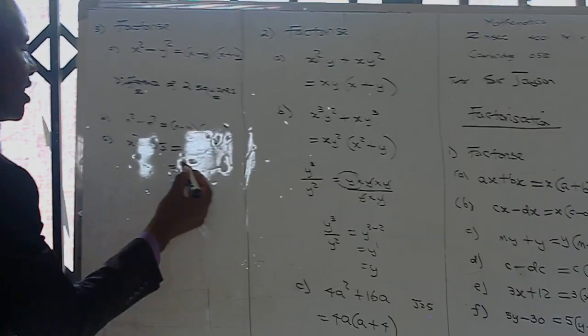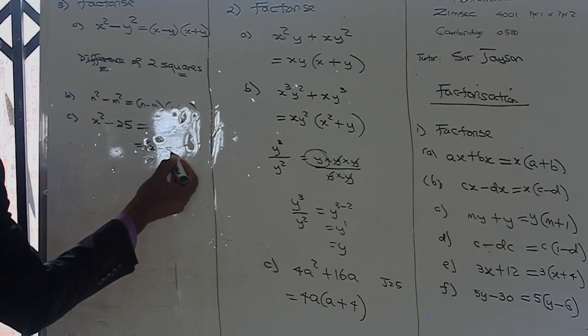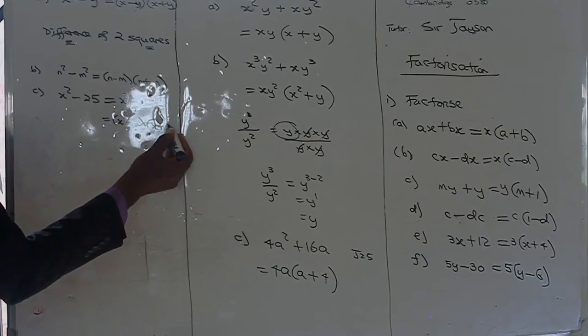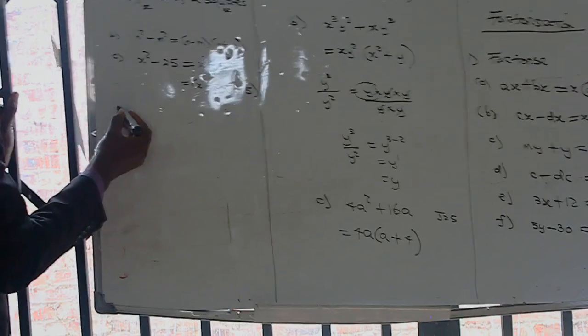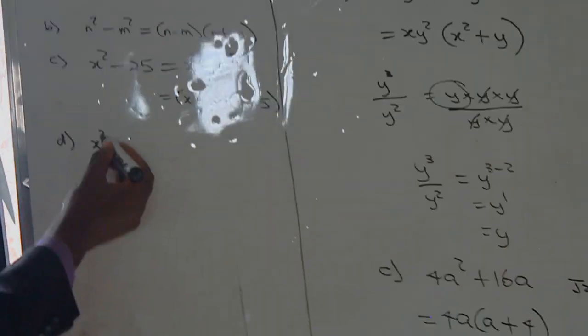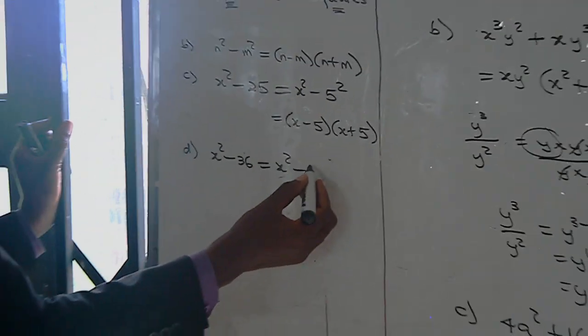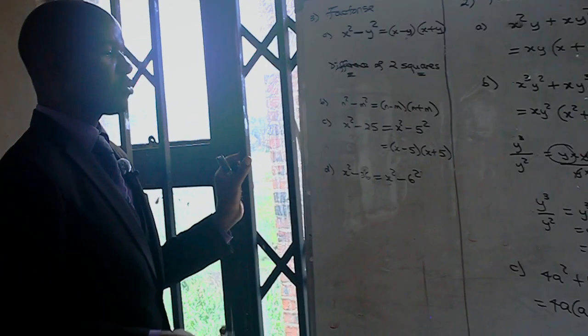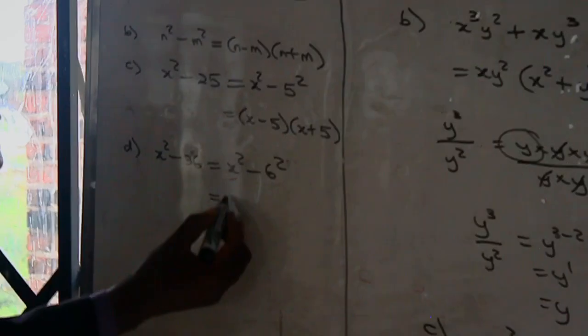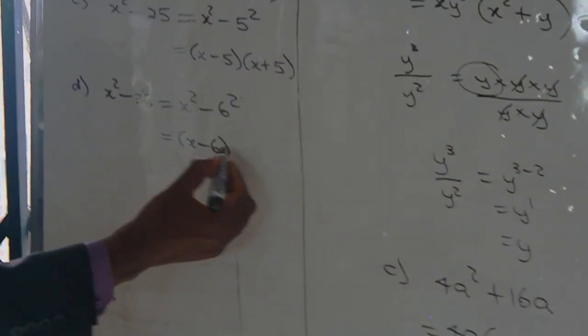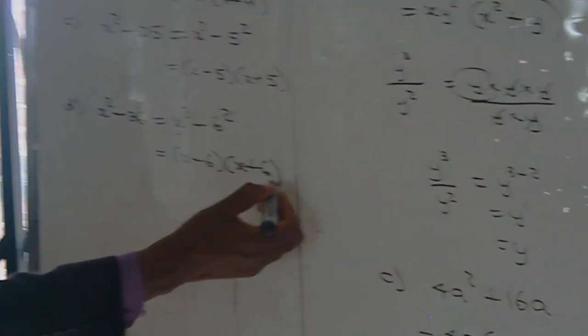Then when we do that, we have first bracket x minus 5, other bracket x plus 5. X squared minus 36, what do we have? X squared minus 6 squared, then we have x minus 6 bracket x plus 6.